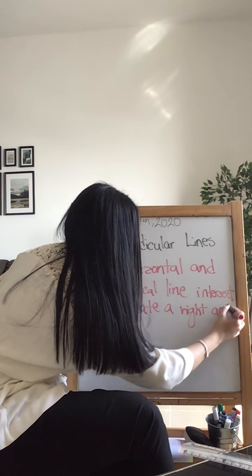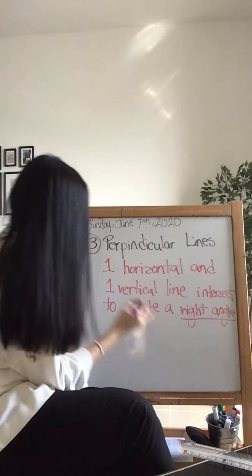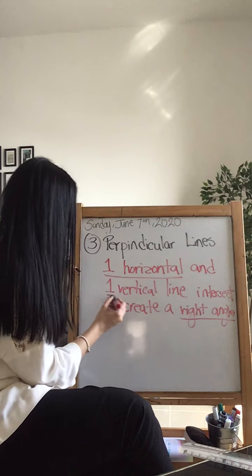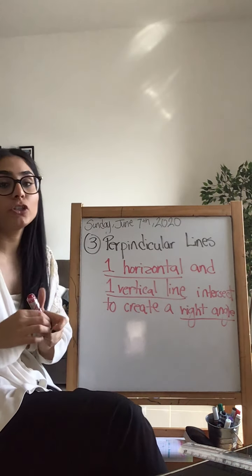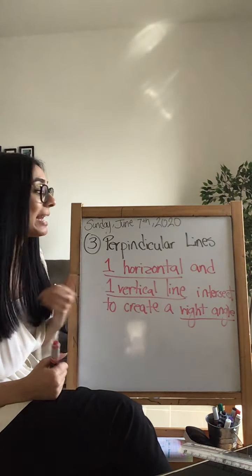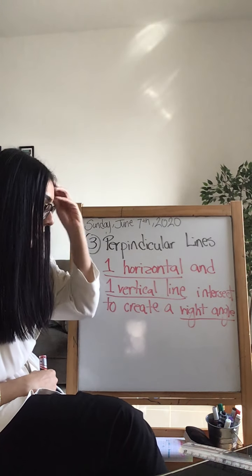And this is very important. Right angle. So one horizontal line and one vertical line come together to create what we call a right angle. So copy that down and I'll tell you what that means.